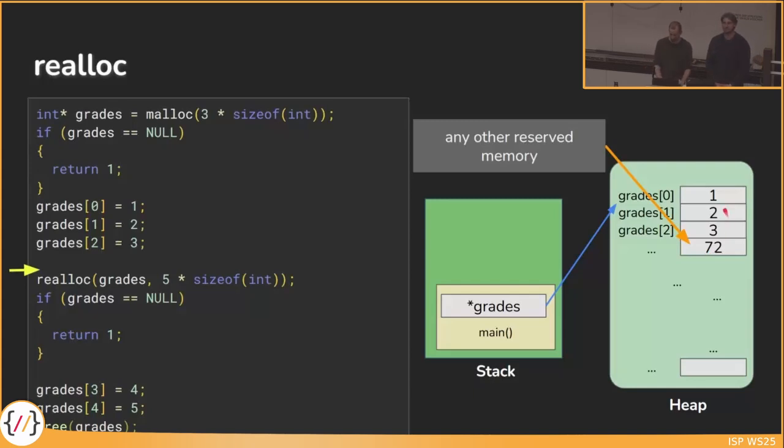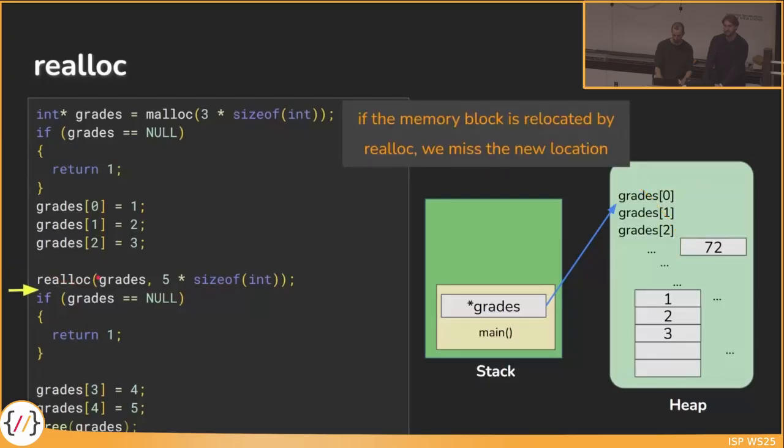So let's say I cannot make my grades array bigger here, but I call realloc because I want to make it bigger. What happens now is realloc, when this is executed, just finds another place on the heap where I can store my values.